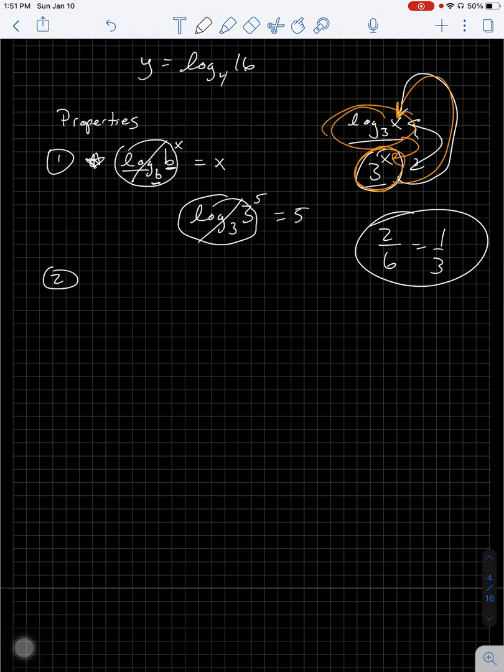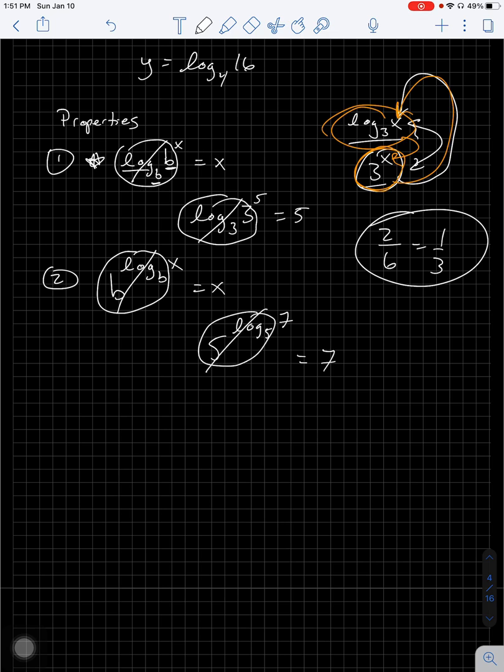So if I have a base and I've plugged the log into the power with the same base, then these also cancel and the x comes down front. For example, 5 to the log base 5 of 7 is just going to be 7. These cancel. Okay, I know this can feel weird.